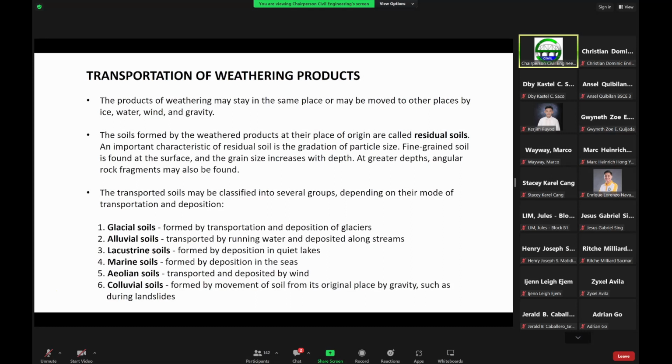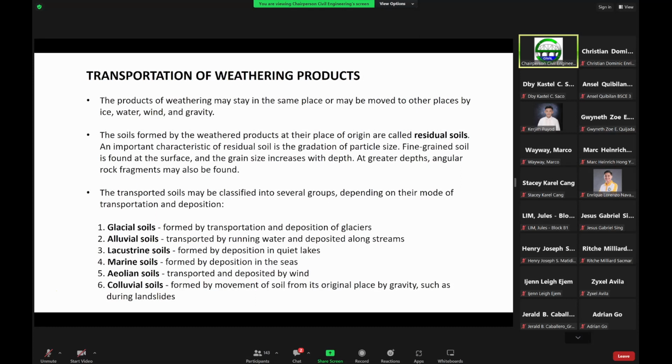The soils formed by the weathered products at their place of origin are what we call residual soils, basically the residues of the rocks. So we call them residual soils.